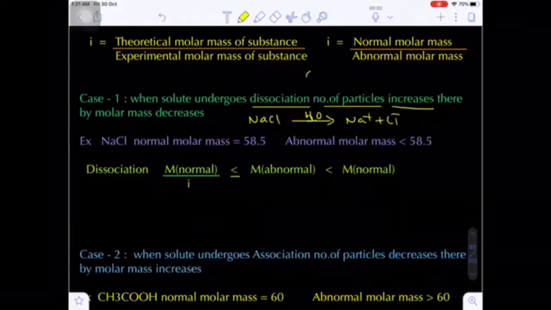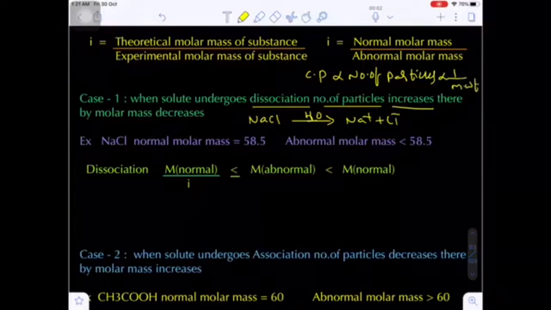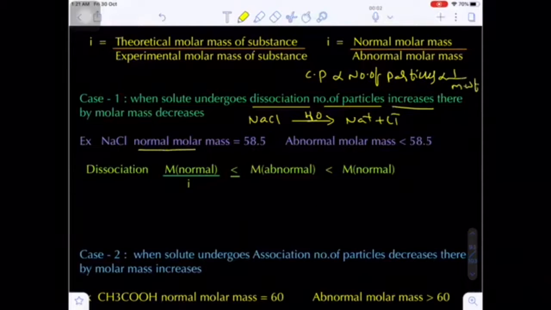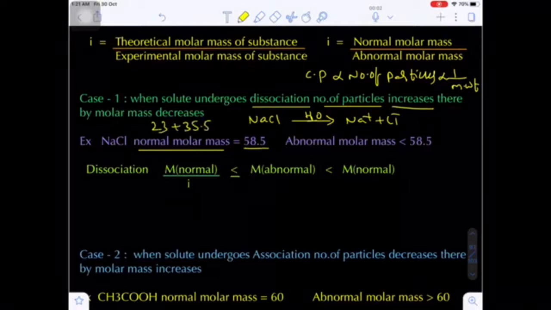Just now I told you colligative properties are directly proportional to the number of particles and inversely proportional to molar mass. So what is the normal molar mass of sodium chloride? 58.5, because sodium atomic mass is 23 and chlorine is 35.5, total 58.5.